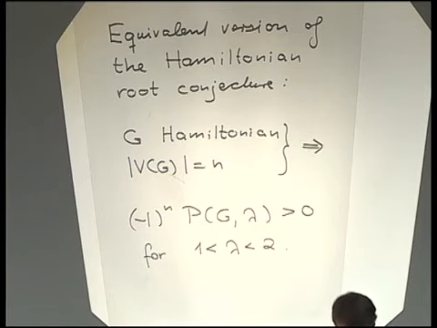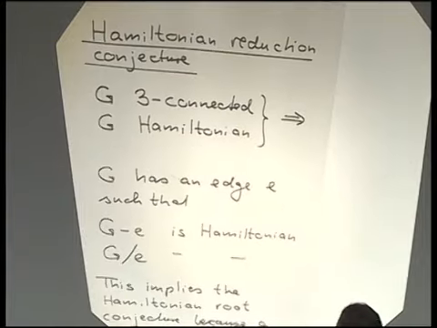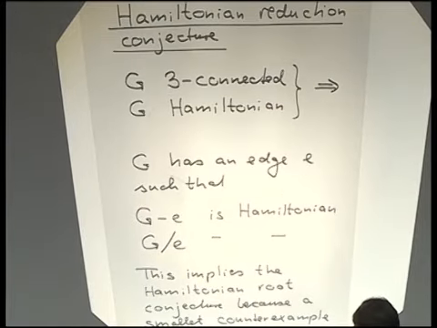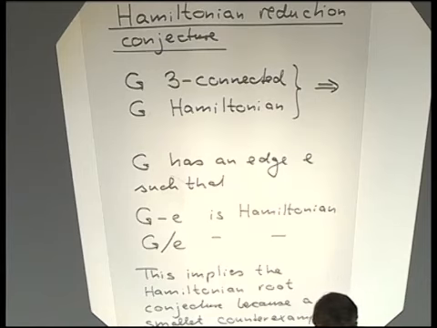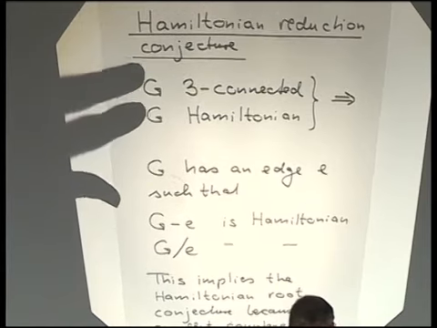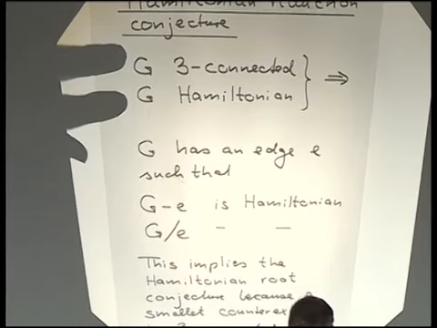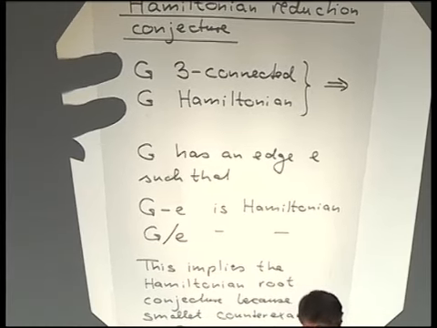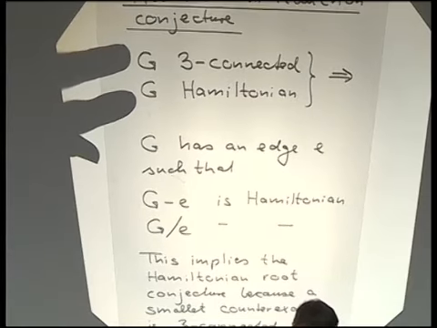And this invites deletion-contraction, and the following conjecture, which I call the Hamiltonian reduction conjecture. This is a dangerous conjecture, but I made it many years ago, so every time I mention it, I dare say it a little louder each time.